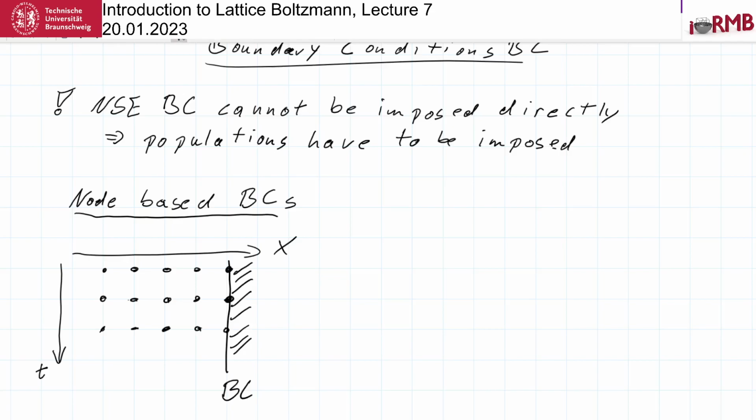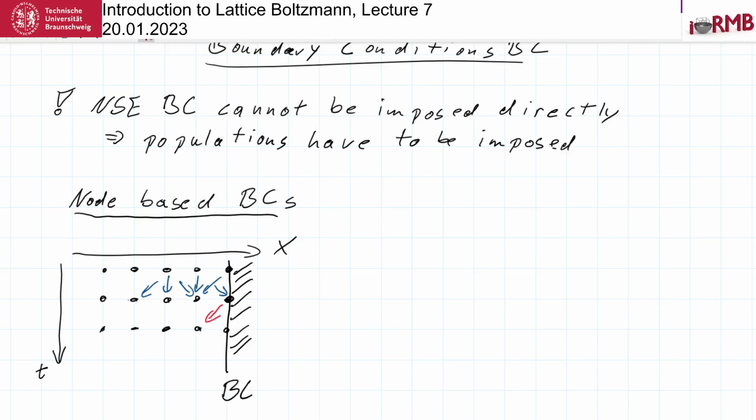Let's say this is now the incoming distribution. I'm not going to draw all of them. This is the incoming distribution, post, and this is the outcoming distribution.